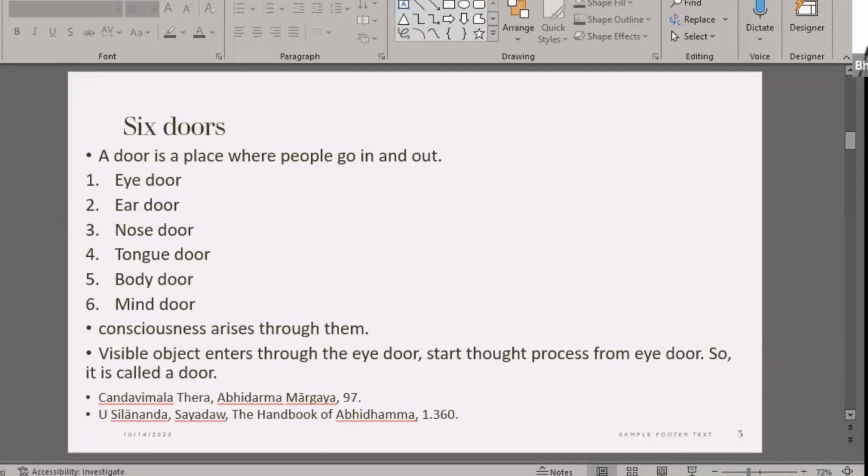The reason is it allows objects to enter or strike, and also through these doors the thought process starts. Because of those 2 reasons, we call them doors. They have a similar nature to doors.